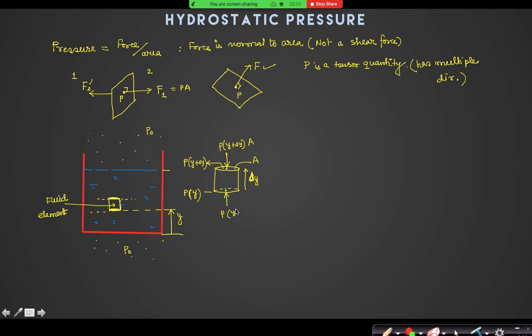So the force is P of y into A. And there is a weight W acting downward, because gravity is acting downward. And as it is at rest because of the hydrostatic condition, it is in equilibrium. So what equation can I write?